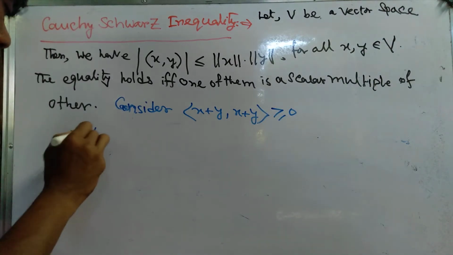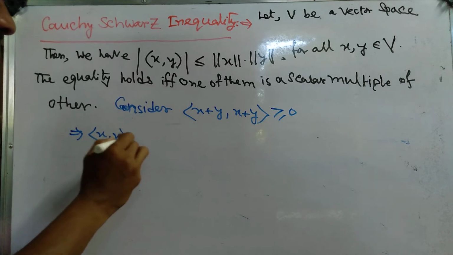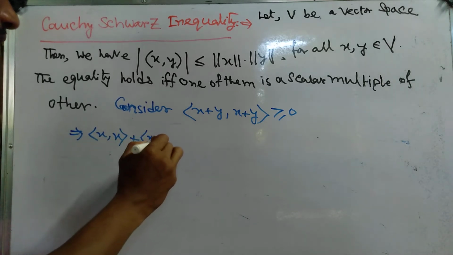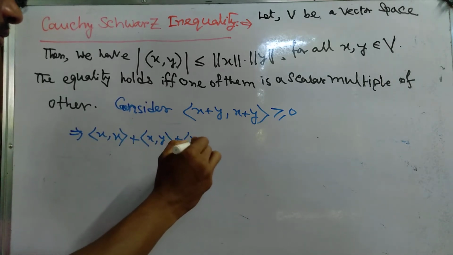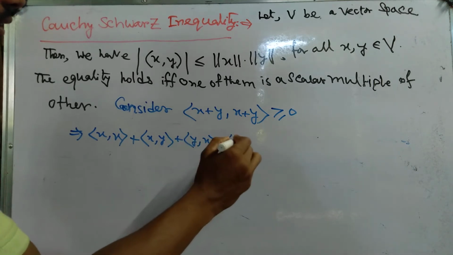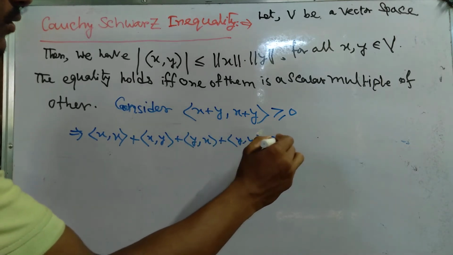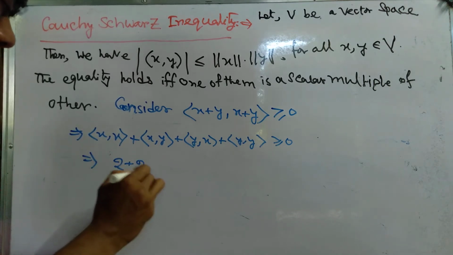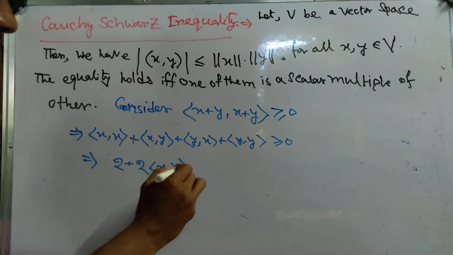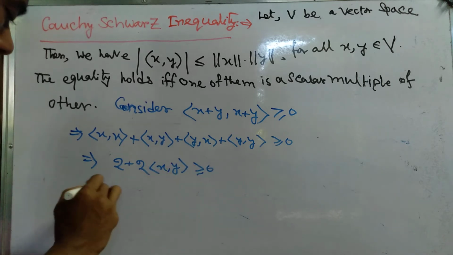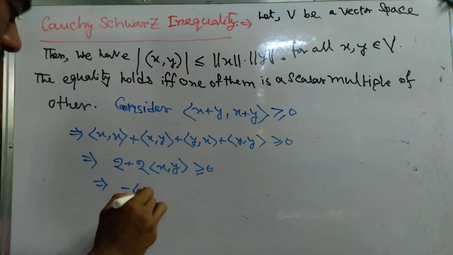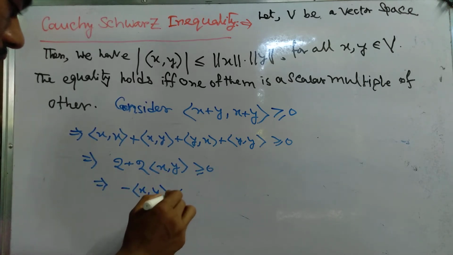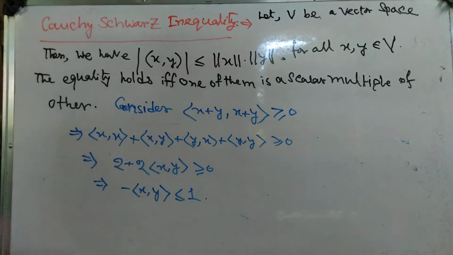This implies that xx plus xy plus yx plus yy is greater than or equal to 0. This implies that 2 plus 2xy is greater than or equal to 0, which implies that minus xy is less than or equal to 1.